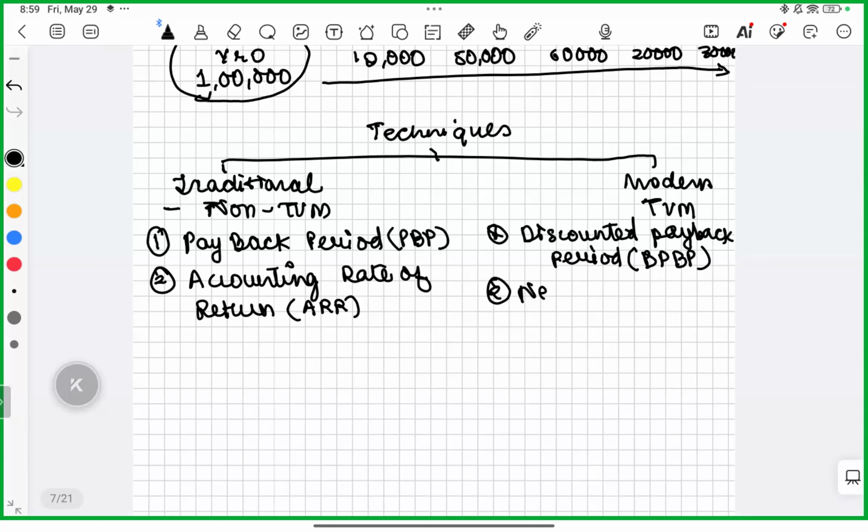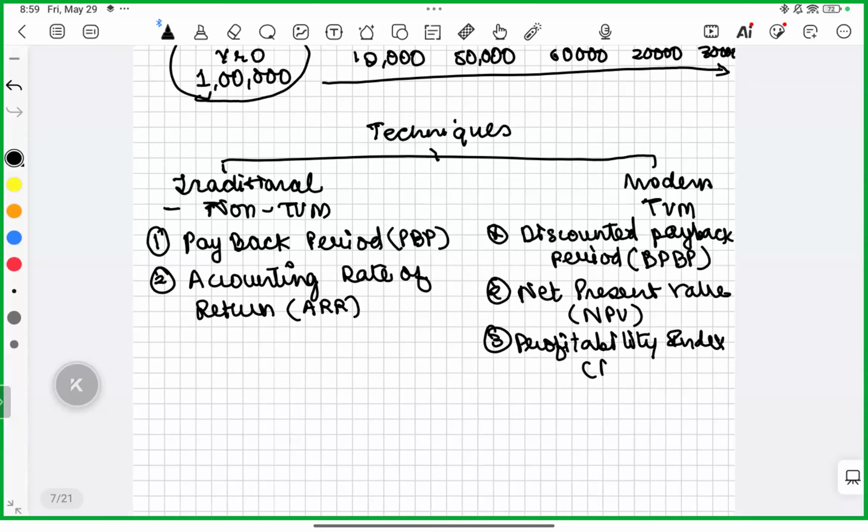Second is net present value. This is a very famous technique, NPV. Third is profitability index, PI. And fourth is internal rate of return or IRR. We will look at each one of them separately with the help of an example.